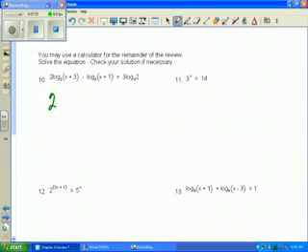Somebody came in and I saw somebody go, 2 times x plus 3 minus x plus 1 equals, we did get that. Okay, no, that is not the correct process of those logs.